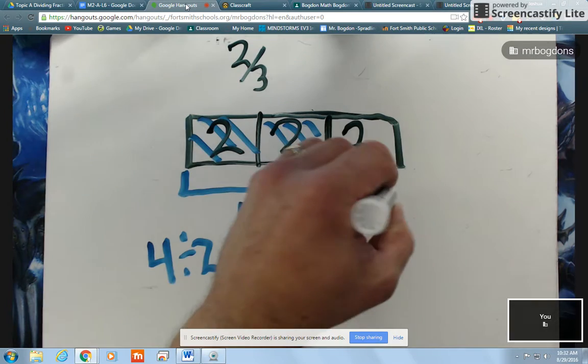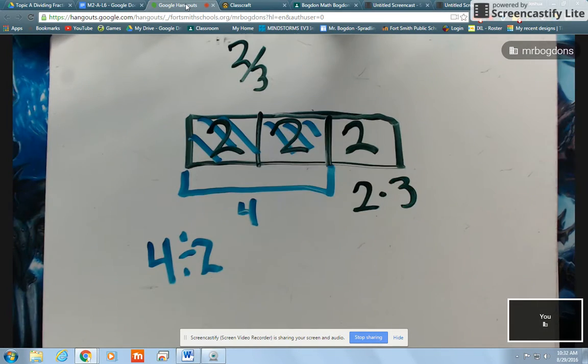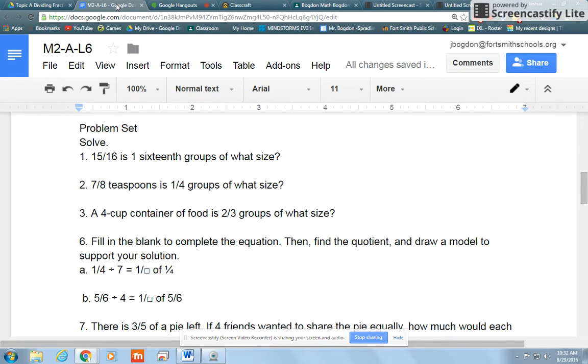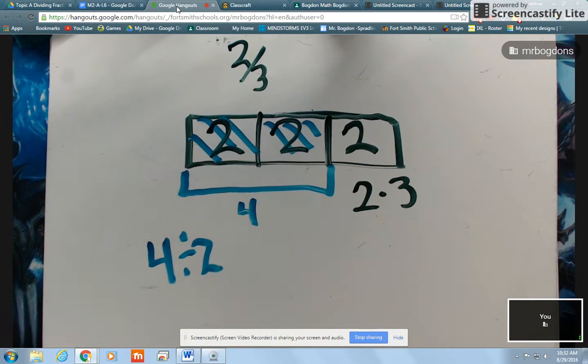2 times 3. Fantastic. Now let's go back to thinking about what is a relatively easy math expression I can use to model this. What do you think, Noah? You know a math expression I can write?